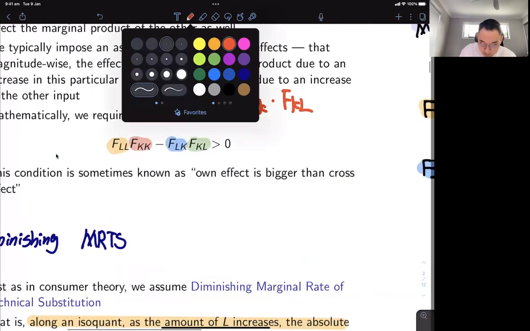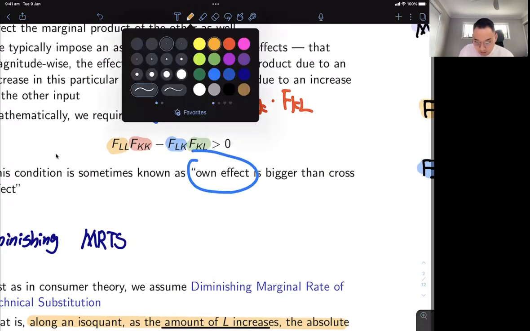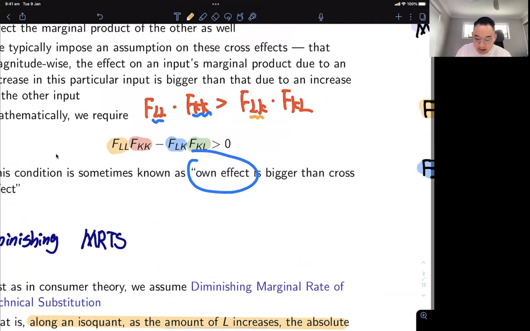So as you can see, F_LL and F_KK are only talking about the effect of changing labor itself and changing capital itself. So that's why we call it own effect, okay? However, on the right-hand side, F_LK is the effect from changing one unit of labor, and F_KL is from changing one unit of capital, okay? So that's something we call cross effect.